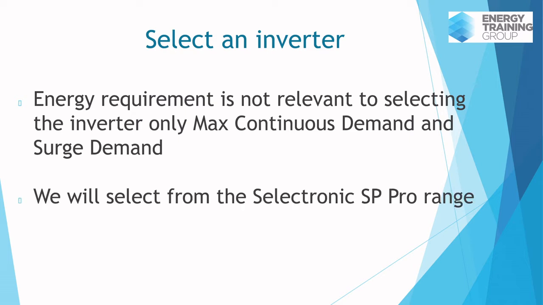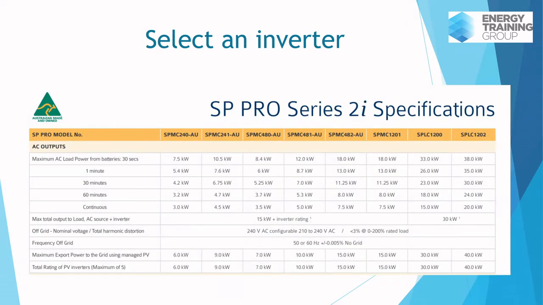And we will have a look at the Cellectronic SP Pro range for lead acid batteries. So knowing that we need 7.4 kVA continuous output, we look at the continuous line on our spec sheet, and we can see that this inverter here, the SPMC 482-AU, has the required continuous output to supply the maximum demand, and we needed 11.4 kVA approximately for our surge demand, and we can see that this inverter can output up to 18 kilowatts for 30 seconds, so it will also meet our surge requirements.